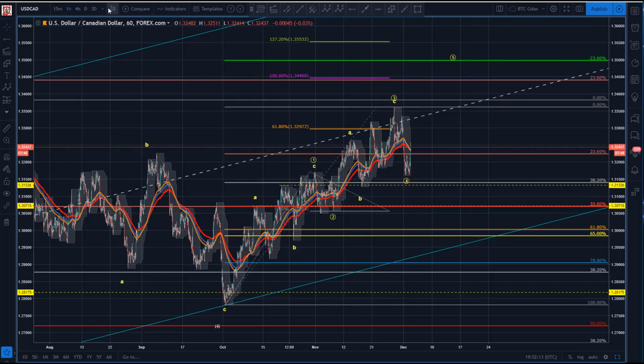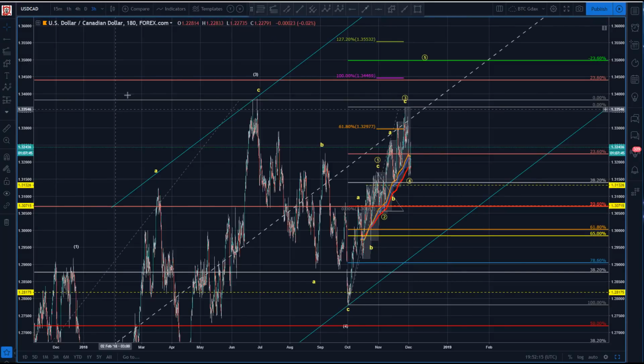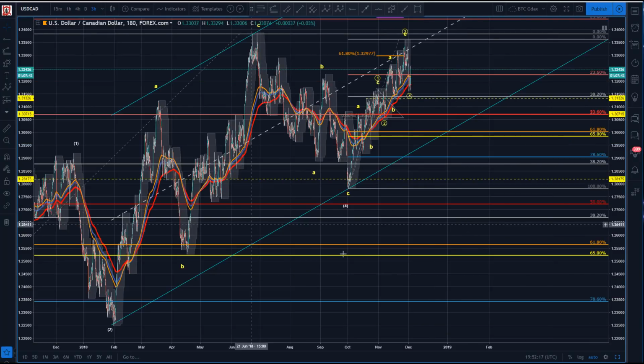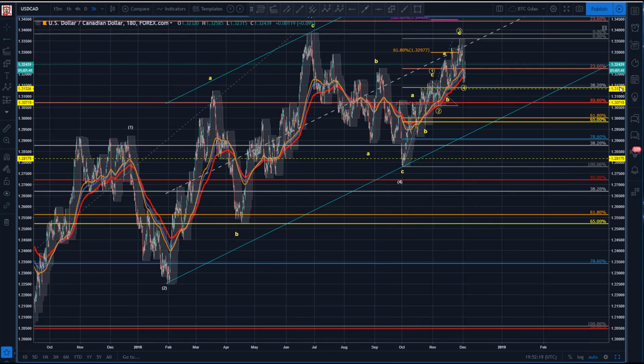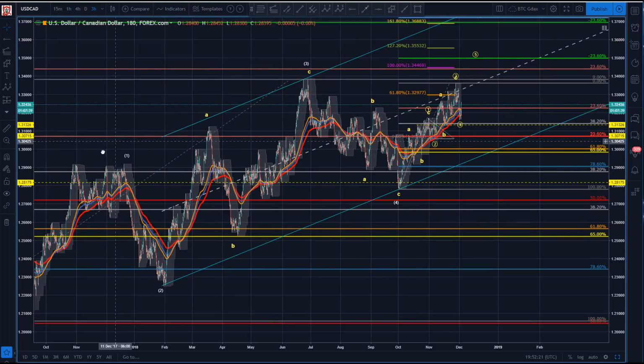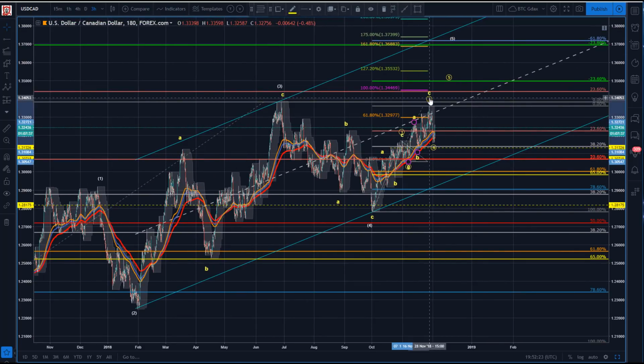So let me go to, let's try a 3 hour. Okay, a little bit unclear up here in that it's a little tricky to confirm that the 4 is in. This could easily play. That's where you'd more commonly find it.